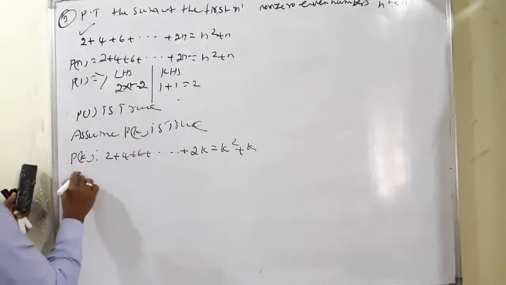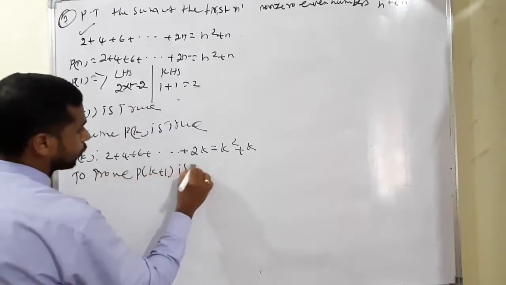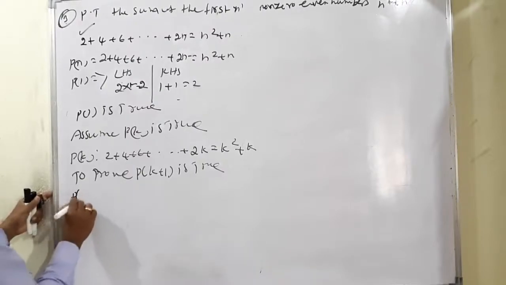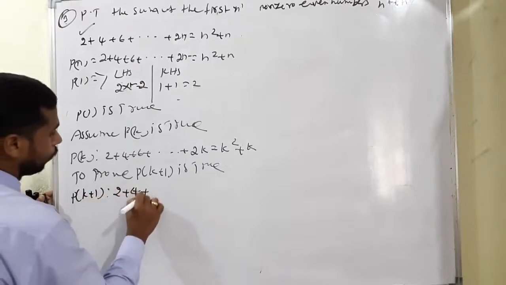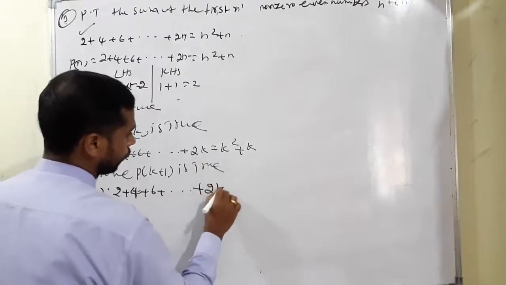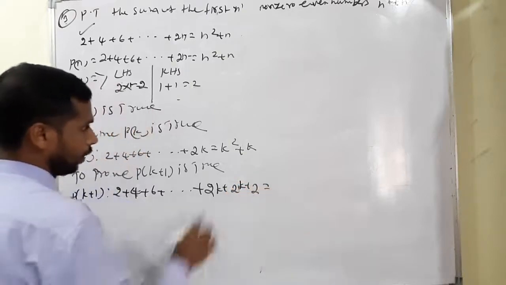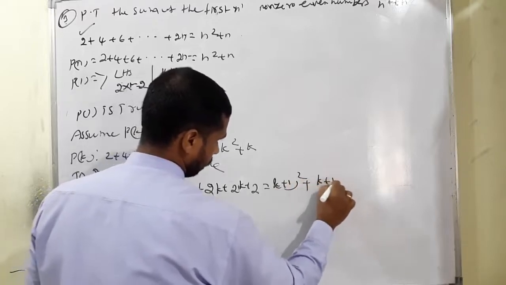Now to prove P of k plus 1 is true. P of k plus 1 means 2 plus 4 plus 6 plus dot dot dot plus 2k plus 2 into k plus 1, that is 2k plus 2, is equal to k plus 1 the whole square plus k plus 1.